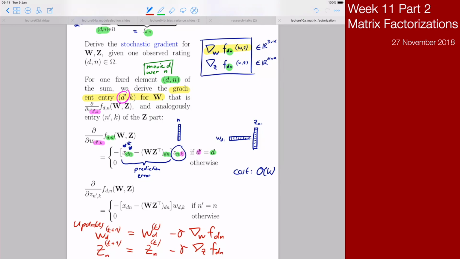Why? Because the others are unchanged. In the others, the gradient is 0. So there's nothing to do. You don't need to touch this whole matrix to make the update. You only need to touch the row d and the row n of the Z. So it doesn't matter if you write this d or n here, because everything else is not modified anyway. So it only affects those rows.